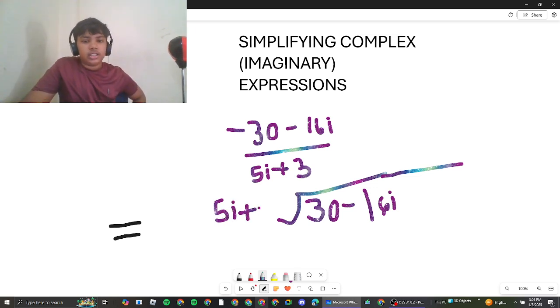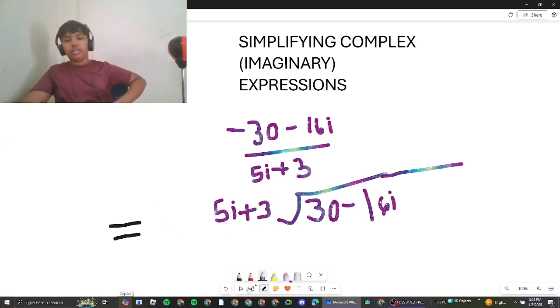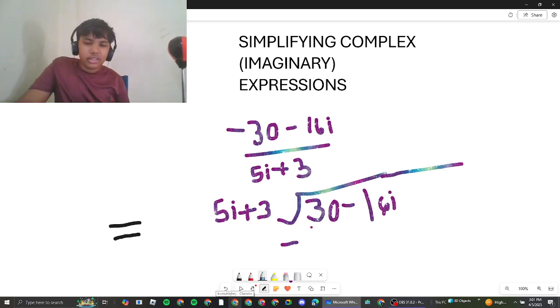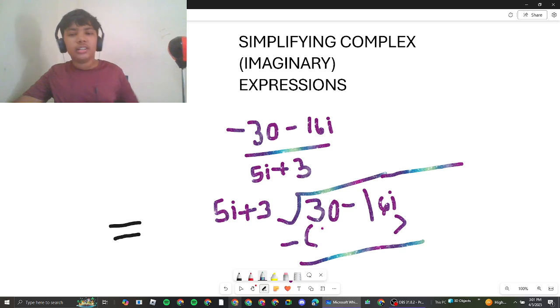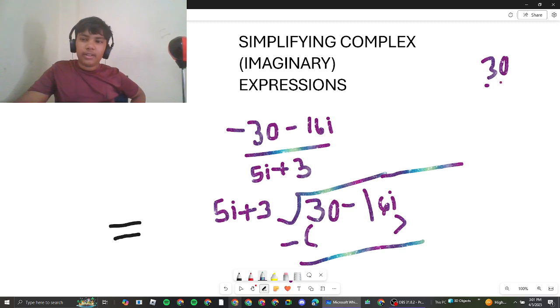You have to do this how you normally divide. Okay, look. First we have to divide 30 by 5i, which gives us 6, right?